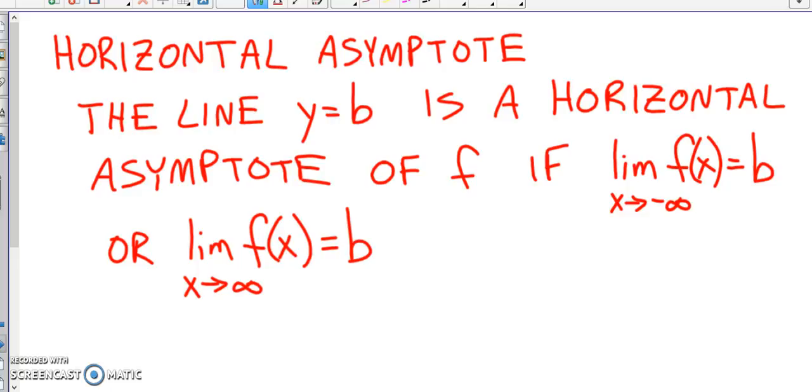Now, there are several cases that determine where the horizontal asymptote is, if there is any horizontal asymptote. So, let's endeavor to understand how that works.